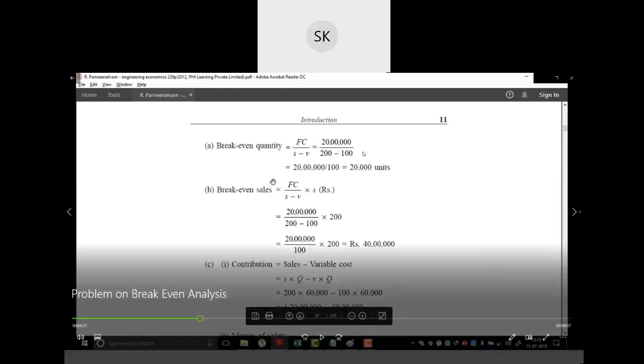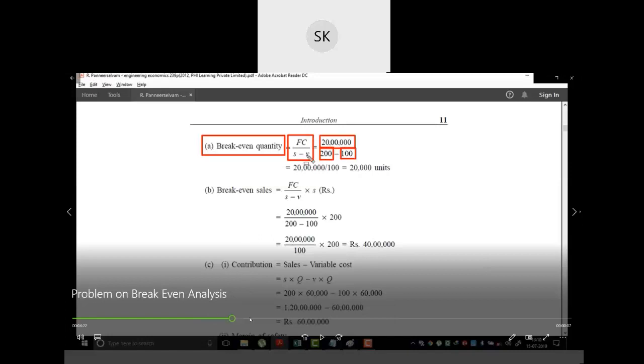And the second method is margin of safety equal to profit upon contribution into sales. Profit is equal to sales minus fixed cost plus variable cost into quantity.